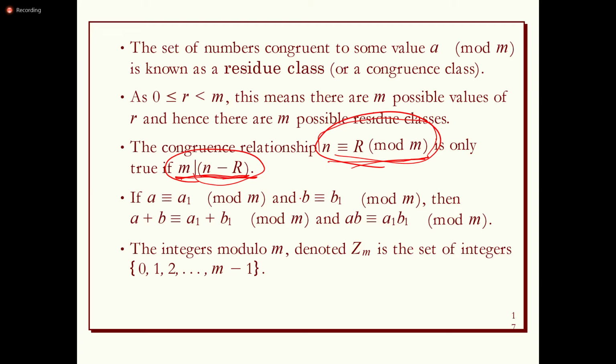If a and a1 are two numbers, a is congruent to a1 mod m, and b is congruent to b1 mod m, then a plus b is congruent to a1 plus b1 mod m, and also ab is congruent to a1 b1 mod m.